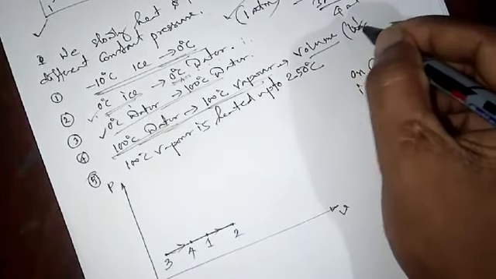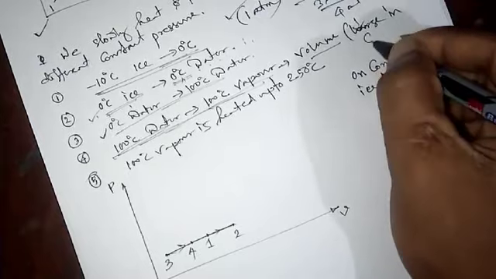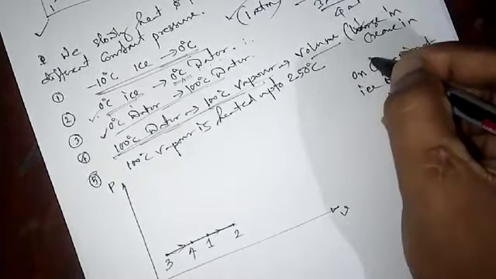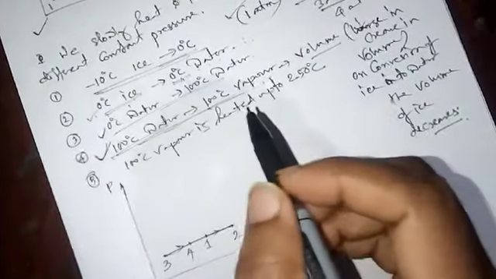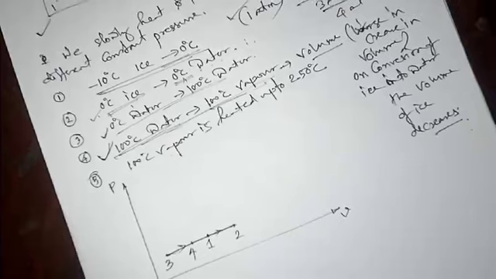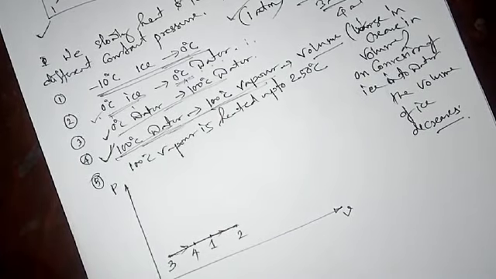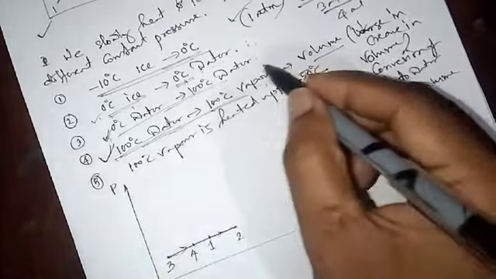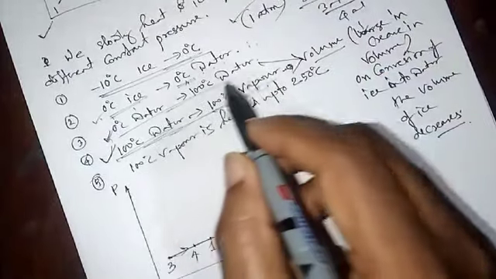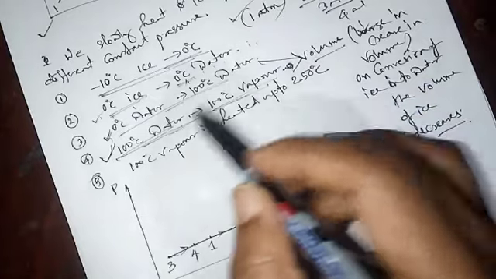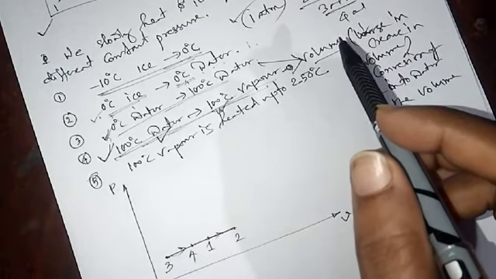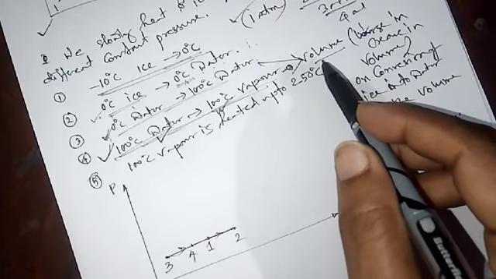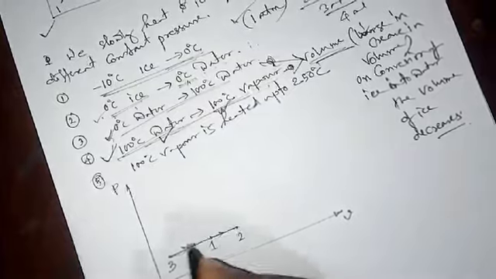You can write down: large increase in volume when 100 degree centigrade water is converted into 100 degree centigrade vapor.